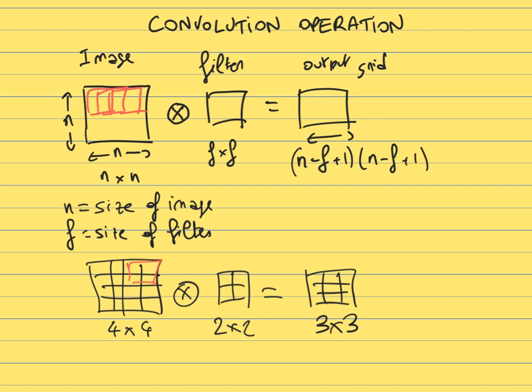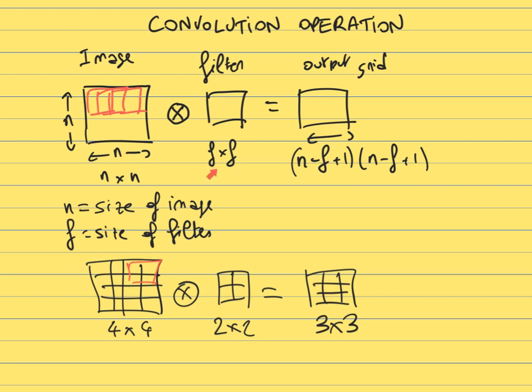So it's easy to understand that if the size of the filter is increasing, then there is a smaller number of possibilities for you to place the filter. If the filter is very large, there are only a few possibilities according to which you can move the filter around. So that's going to give you a smaller output.